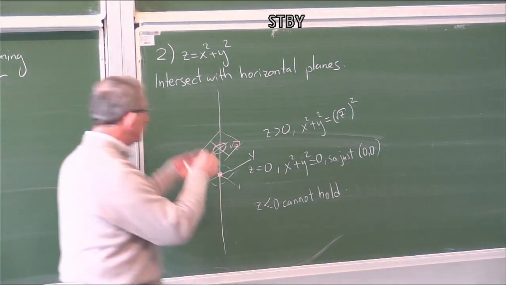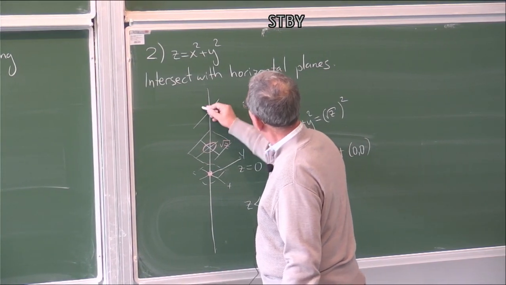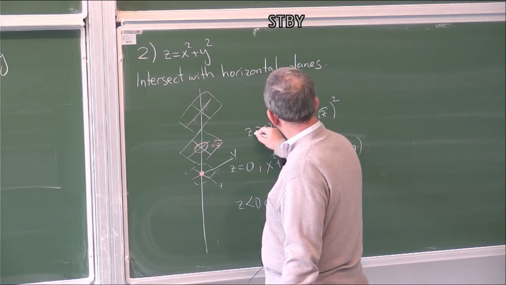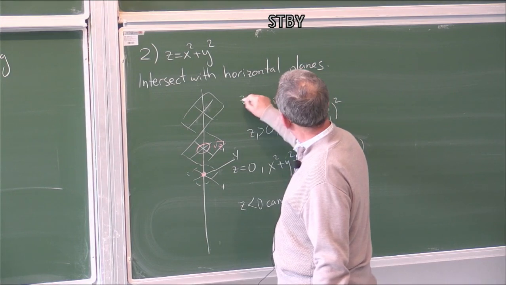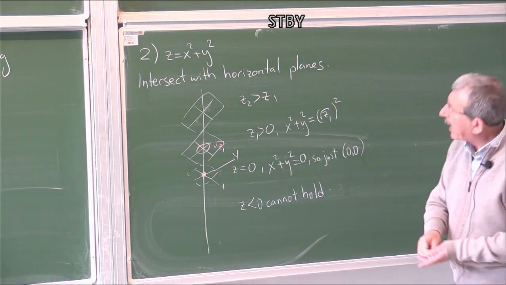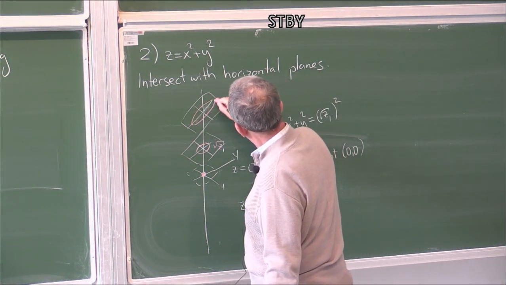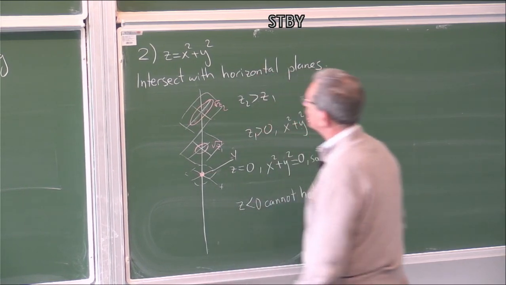Now let us make our z even bigger. So we observe that as, let me say z1 here, for simplicity. So say z2 is even bigger than z1. Then we will have a larger circle with radius root z2.